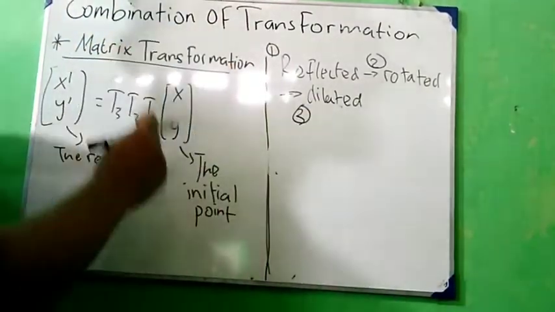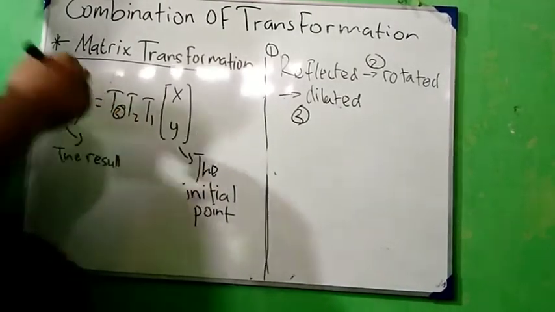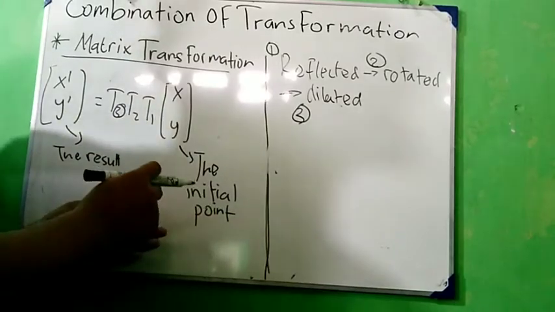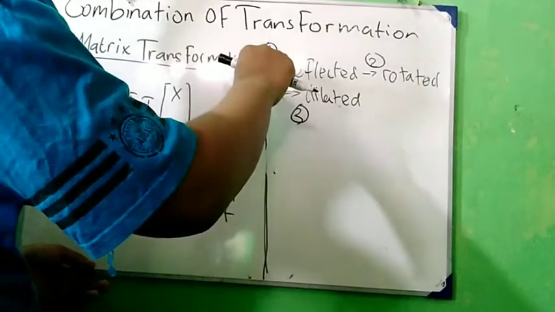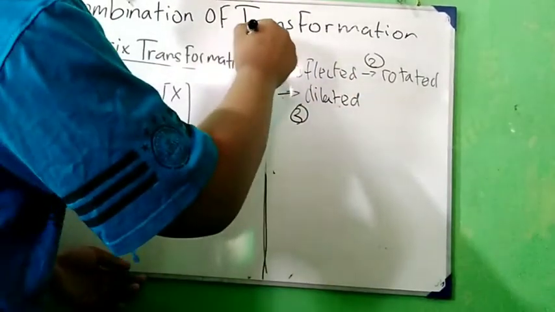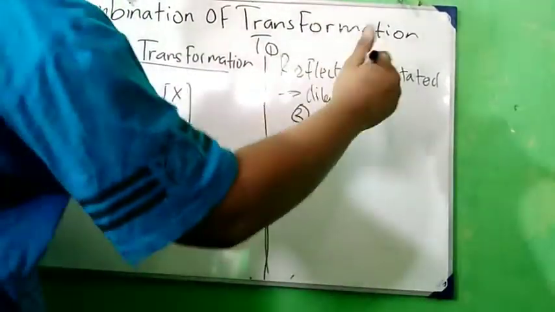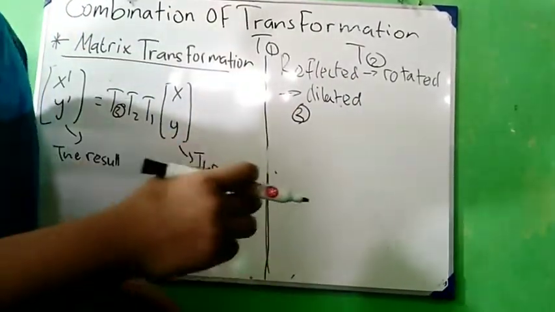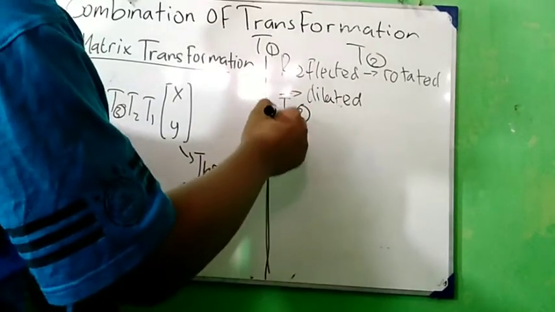So T1, T2, and T3, the number is showing the arrangement in this process. So for the first process reflected, the matrix transformation is T1. And then for the second process, the matrix is T2. And then the third process, the matrix transformation is T3.